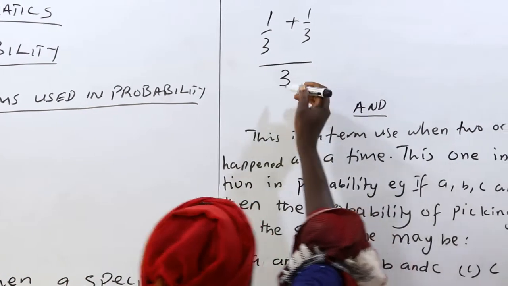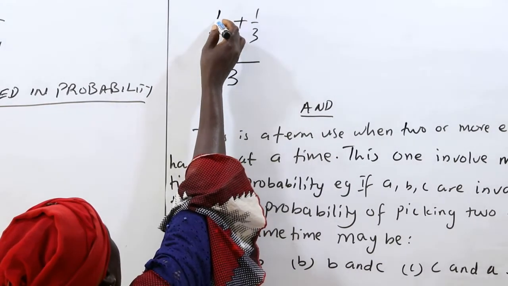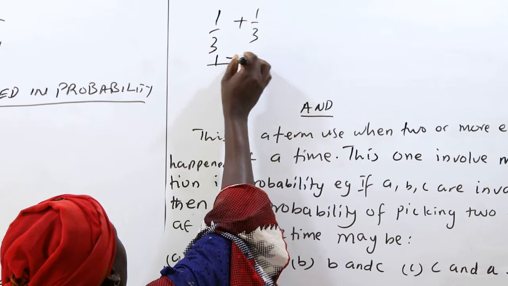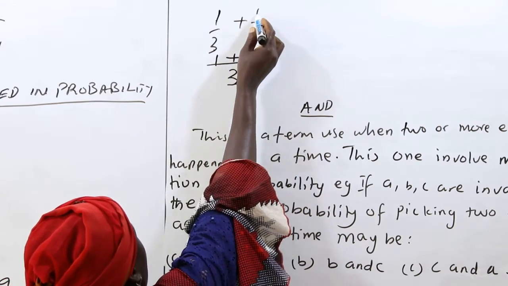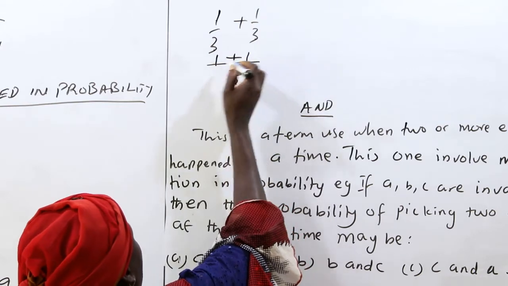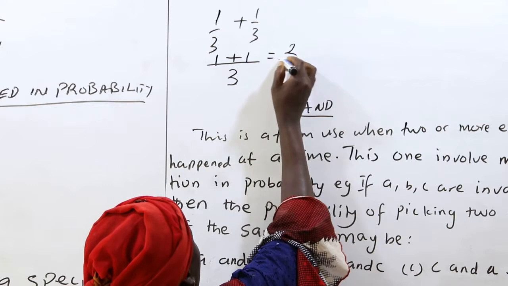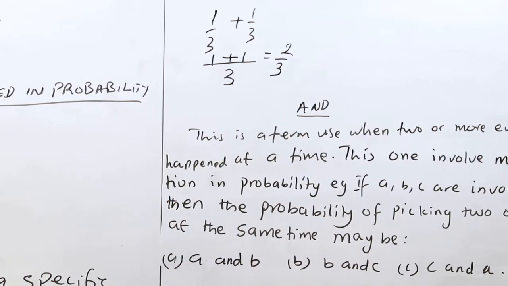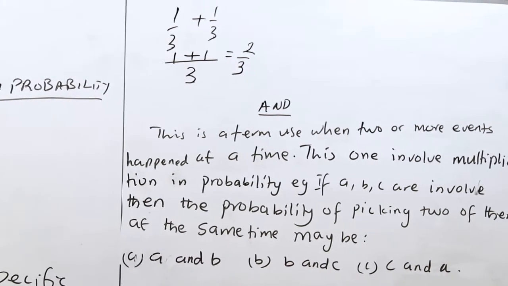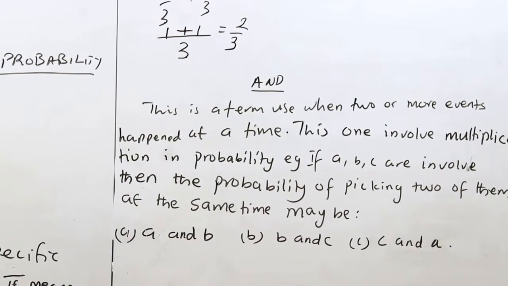So for this one, 3 divided by 3 is 1, 1 times 1 is 1, plus 3 divided by 3 is 1, 1 times 1 is 1. Then 1 plus 1 gives 2/3, which is the same result as the one we got by just adding the numerators, since they have the same denominators.